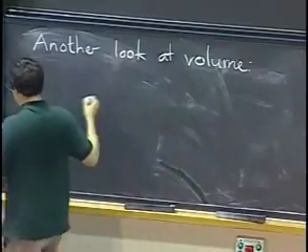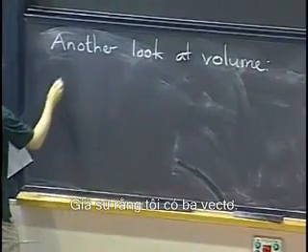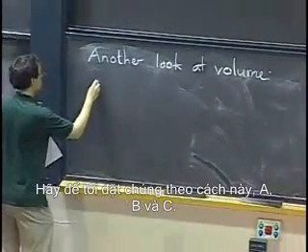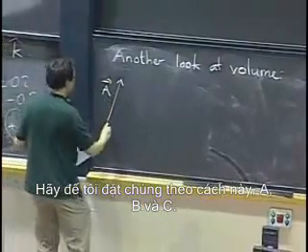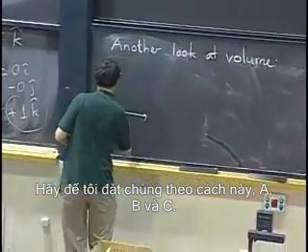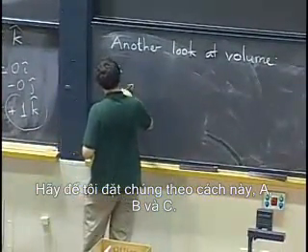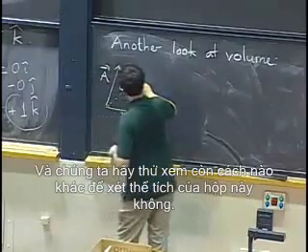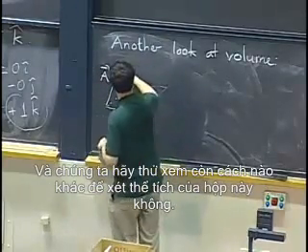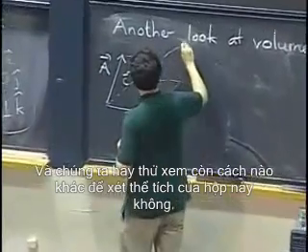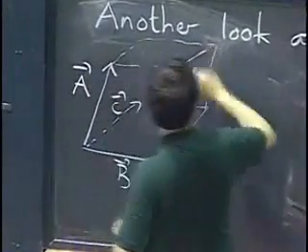Okay, so let's say that I have 3 vectors. Let me put them this way. A, B, and C. And let's try to see how else I could think about the volume of this box. Okay?